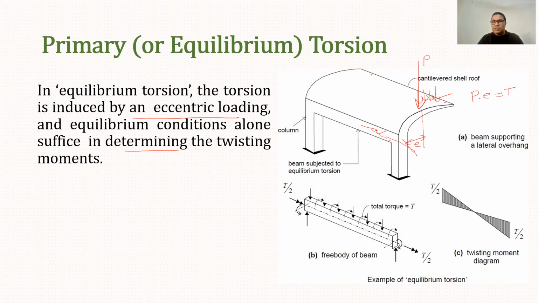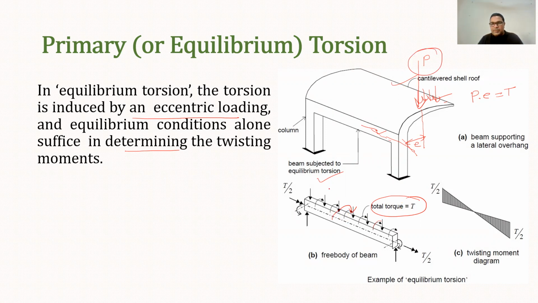The representation of the torsional moment subjected because of this cantilever shell roof is shown here in this beam. These curved arrows show the torque acting on this beam. This beam will try to rotate like this because of this resultant load.